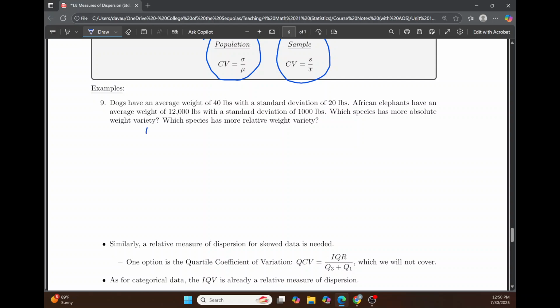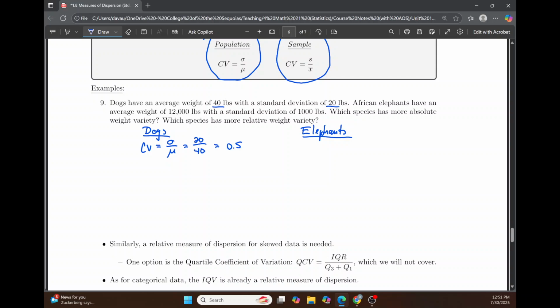So we can compare dogs versus elephants. The CV for dogs is going to be standard deviation divided by mean. So for dogs, that would be 20 divided by 40, which is 0.5.